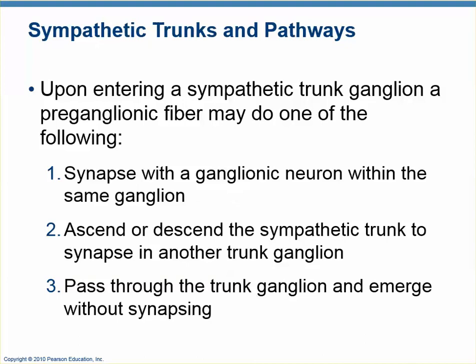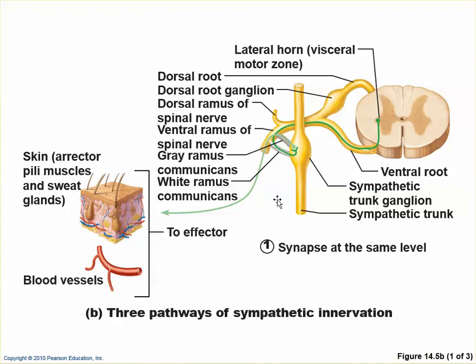So what happens when it enters the ganglion? The preganglionic can synapse with a neuron in that ganglion at that level, or it can go up or it can go down the sympathetic tract to go to another level, or it can pass right through and emerge without synapsing. So basically it's this. Preganglionic is this, and it's short. White ramus communicans, synapse.